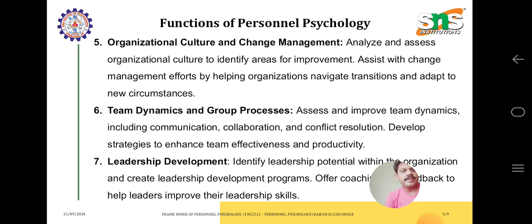Leadership development is also a highly beneficial point. They identify leadership potential within the organization and create leadership development programs. They offer various coaching and feedback to help leaders lead the organization well, and equip the leaders with leadership skills.